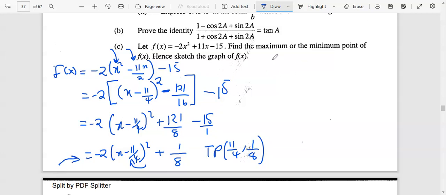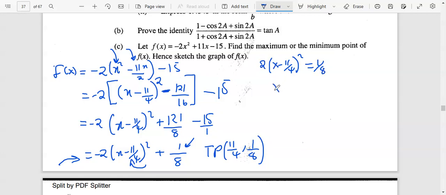So I'm going to take also the 1 over 8 to the other side of the equation, since we have equated it to 0. Or instead of me taking the 1 over 8, I'll take the negative 2x minus 11 over 4 squared to the other side. It becomes positive 2x minus 11 over 4 squared is equal to 1 over 8.